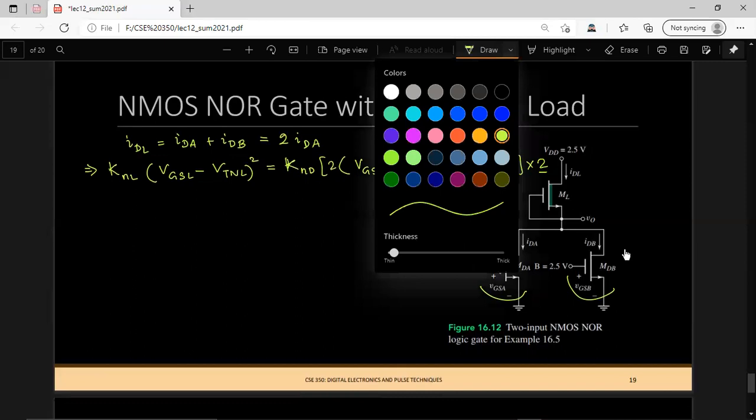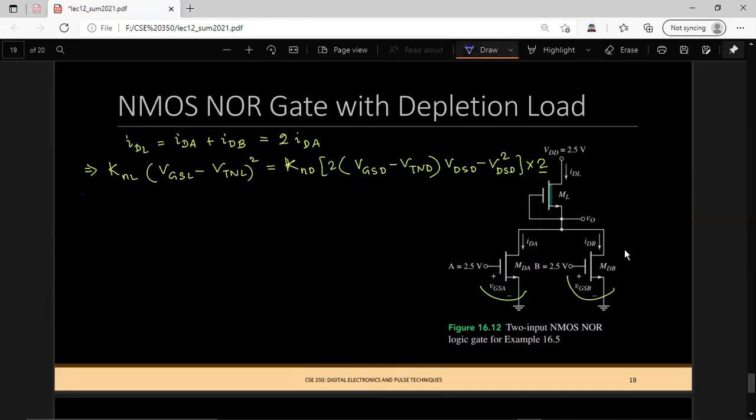Okay. So now we can write it like this: Kn prime W by L for the load circuit, and Kn prime W by L for the driver circuit. We just cross out KNL from both sides of the equation, and then plug in the values.